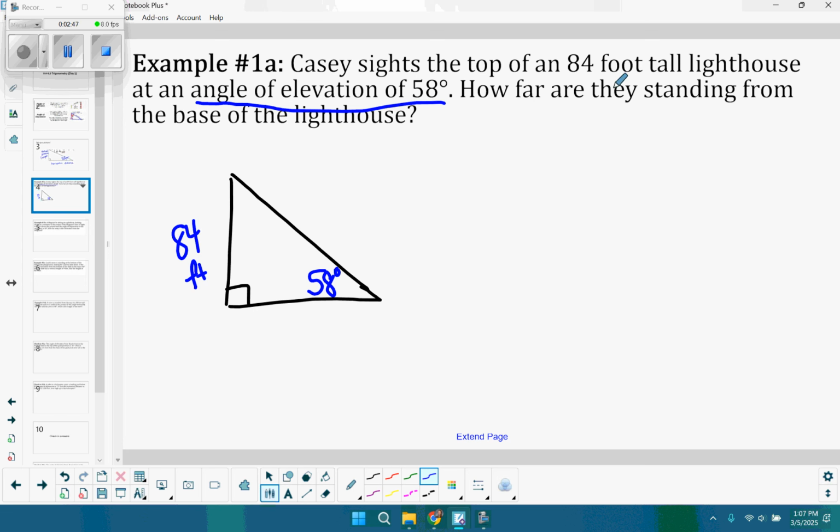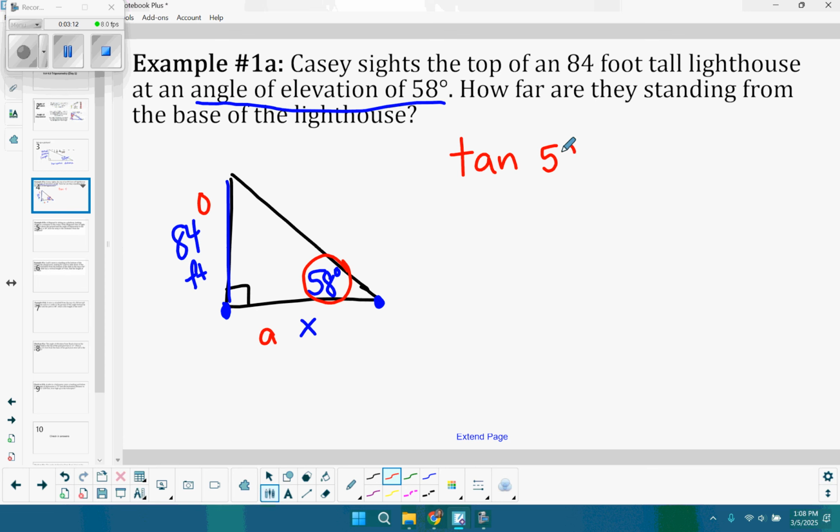How far are they standing from the base of the lighthouse? So the bottom of the lighthouse is here. They're standing where the angle of elevation is, so we're looking for the horizontal distance. Now the problem becomes like one of the regular SOHCAHTOA problems. We're going to circle our angle. We're going to label O for opposite, A for adjacent. O and A, the combination is tangent.